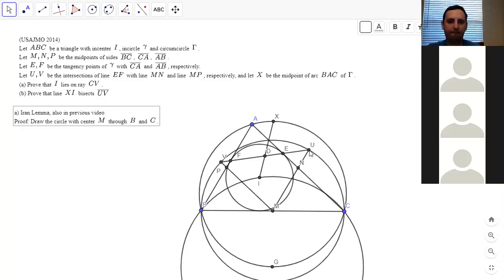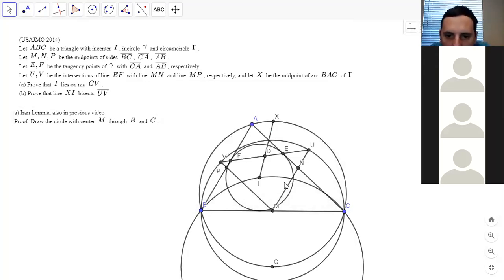A better proof firstly that BUC is 90 degrees would go like this. We take a phantom point U prime, where U prime is the intersection of BI and EF.